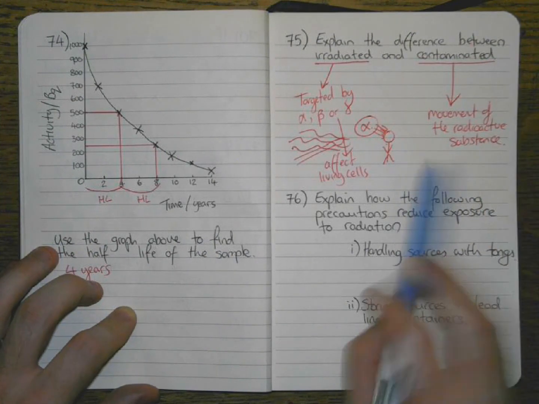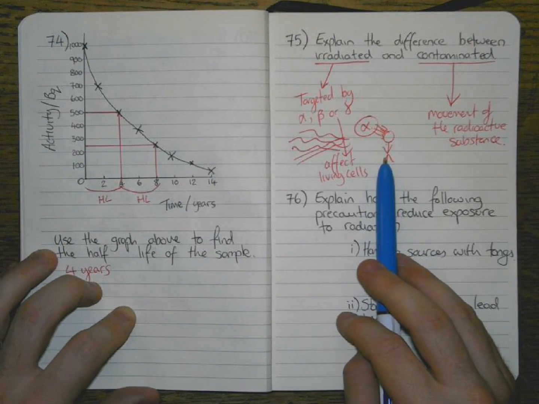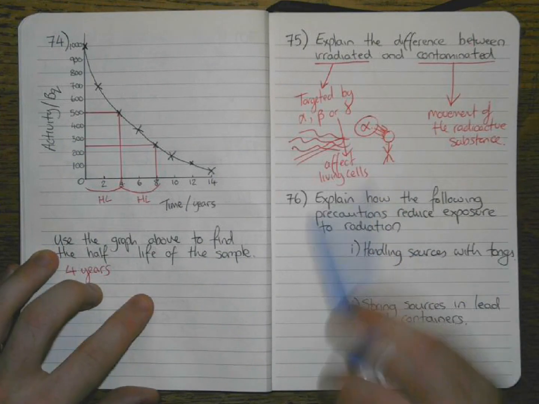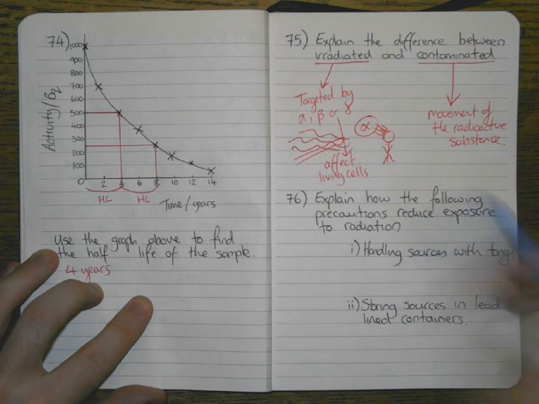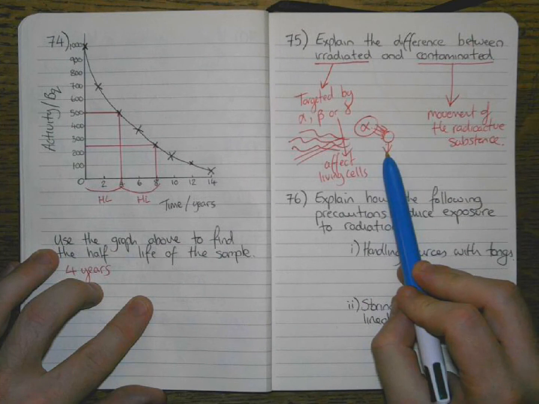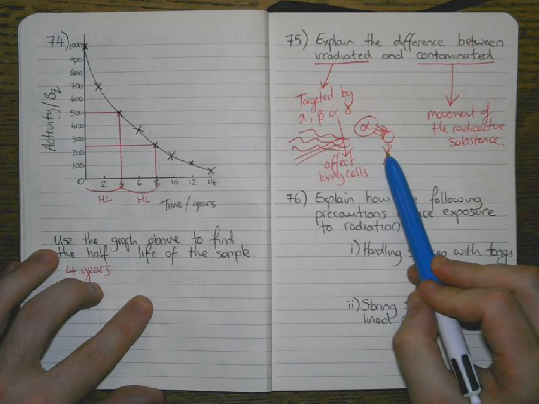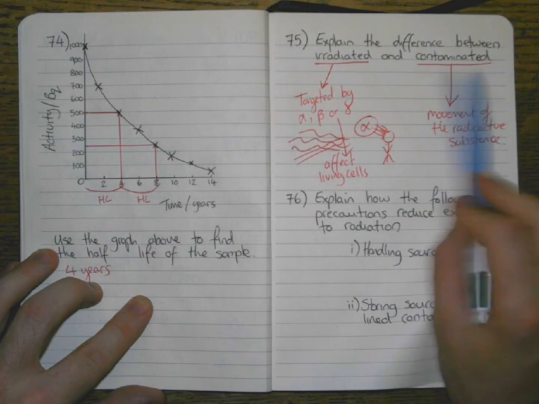So, for example, you may work with radioactive materials. You go to work and you don't follow the rules, and you end up with radioactive material on your suit or on your clothes. When you leave work, we could say that you had been contaminated.